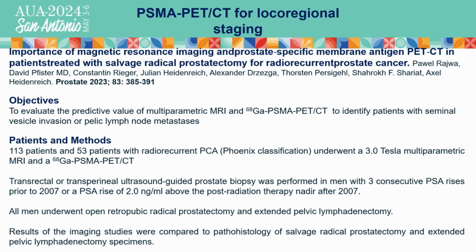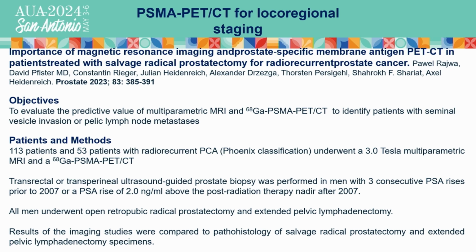So what we did in this situation, we had a series of patients in whom we used the multiparametric MRI and in whom we used the PSMA PET scan to identify either extraprostatic extension or positive pelvic lymph nodes. So 113 patients had undergone multiparametric MRI, and 53 out of those patients had undergone a PSMA PET scan in this situation.